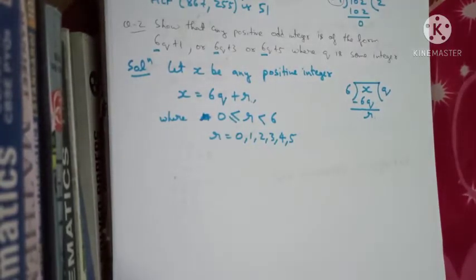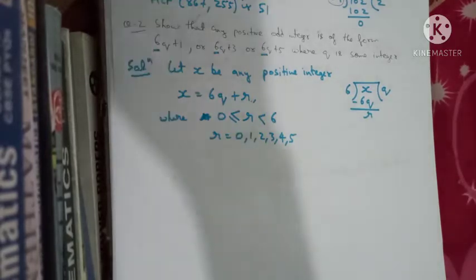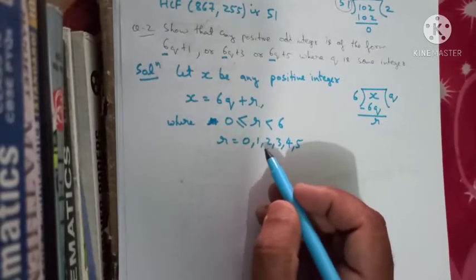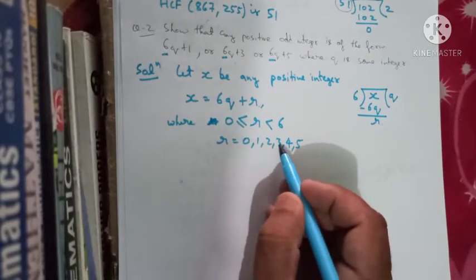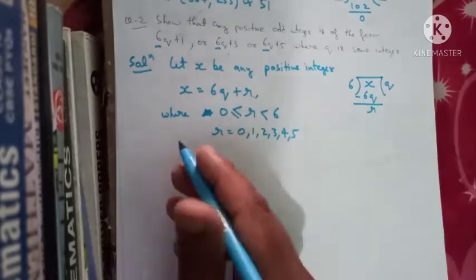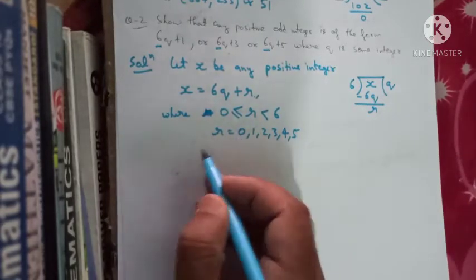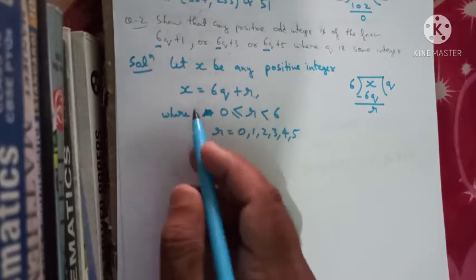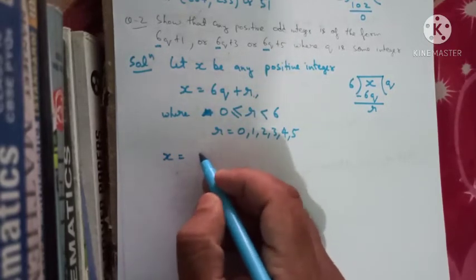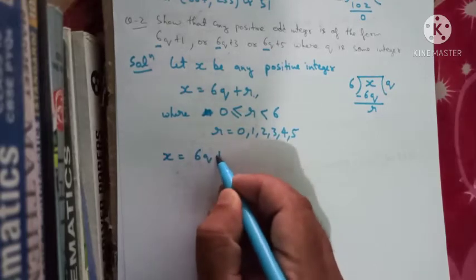There are these many possibilities. Now let us look at these 6 cases we are having. So suppose we are having remainder 0, then the division algorithm will become x is equal to 6q plus 0.